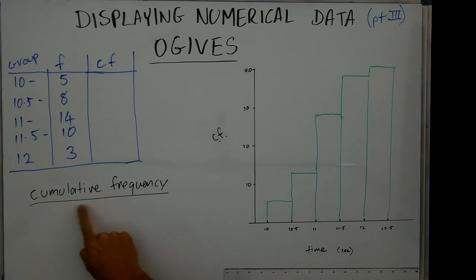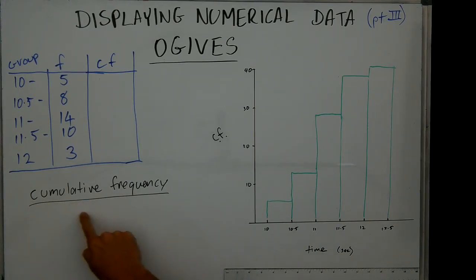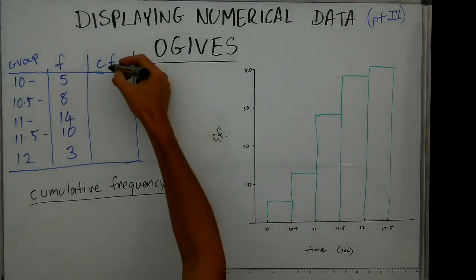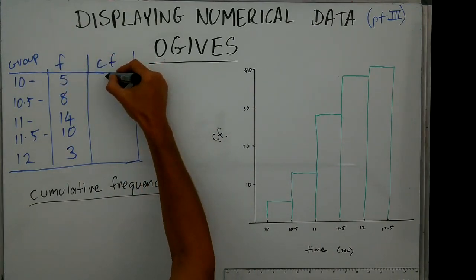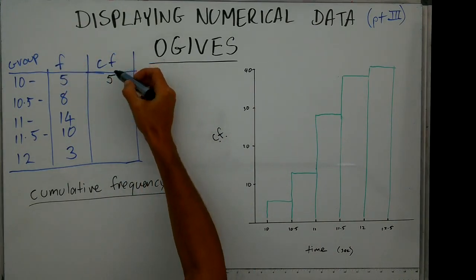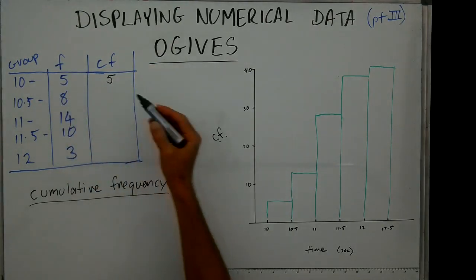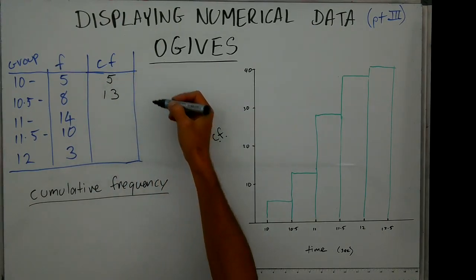Cumulative sort of sounds like the word accumulate. Essentially, we start in our first column with the same number as the frequency, and then we just add the next thing. So 5 plus 8 is 13.